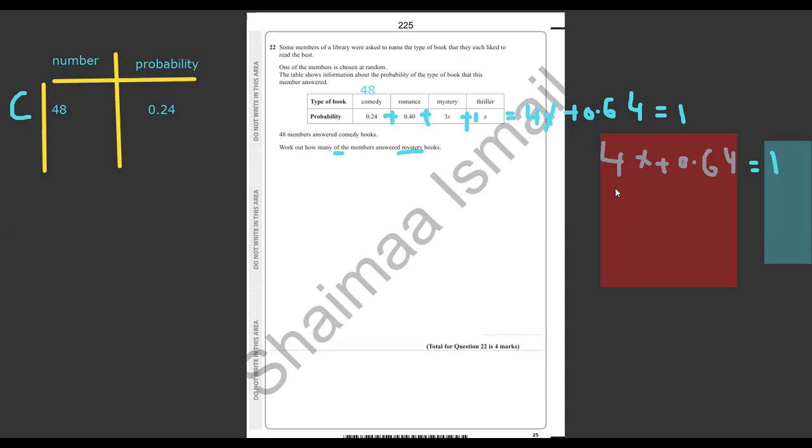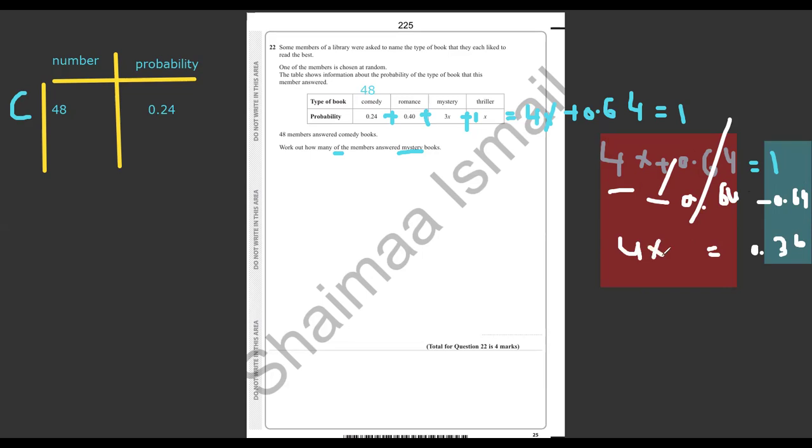Here we are going to say 1 minus 0.64, and also here just to keep the numbers around x, 0.64. So positive becomes negative, we move it, and here we have 0.36. Okay, equal to the 4x.